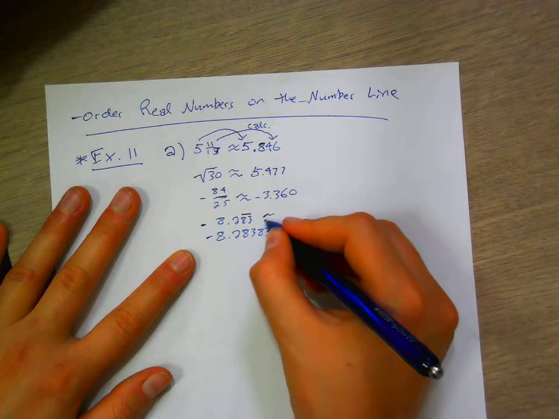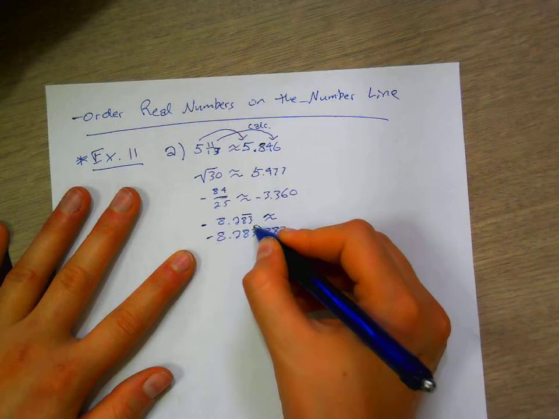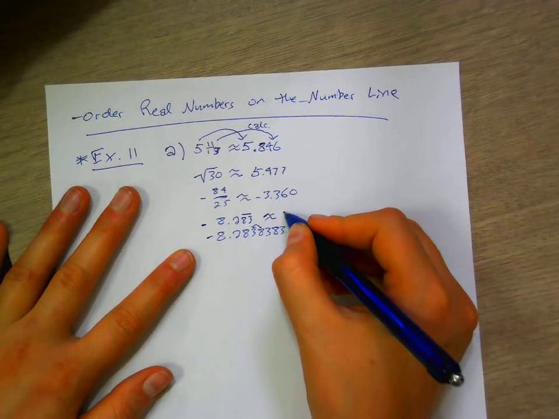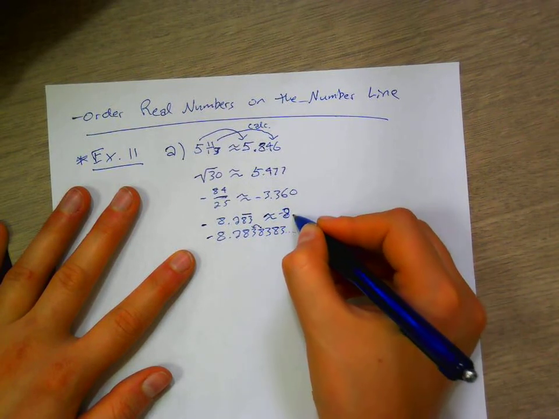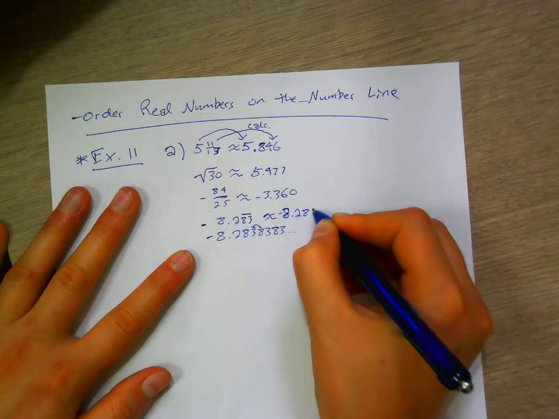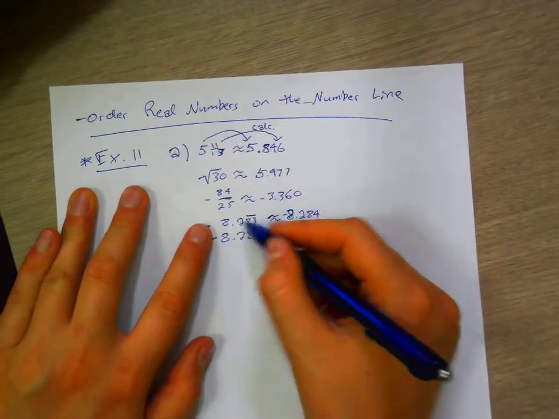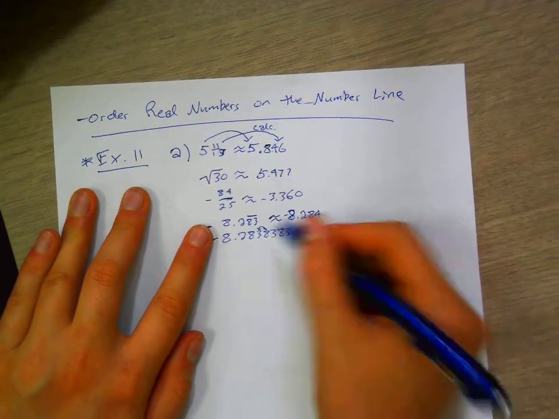Therefore, we estimate this one to here. Since it's larger than 5, we estimate up, and you get negative 8.284. That might be confusing how we got there, but if we're not writing it as a repeating decimal, we have to round. So you have to look at what's after it to see if you round up or down. And we had to round up.